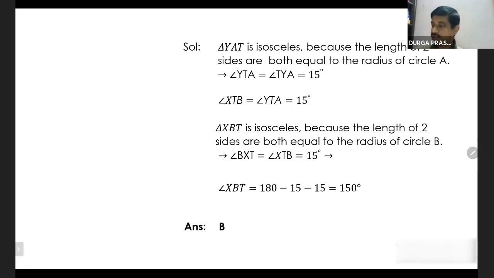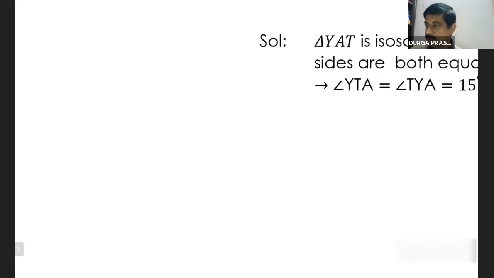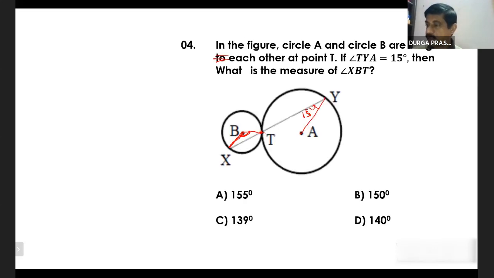So the central angle, see, look at this, it's like this. Instead of showing this way, I'll show it here. See, this angle is 15 degrees, angle BXT equal to angle BTX equal to angle XYT.